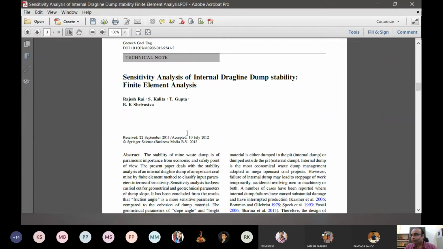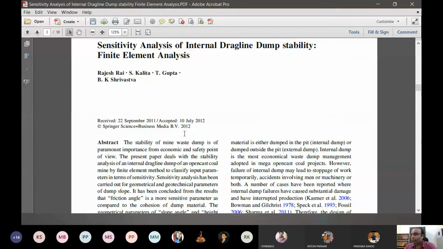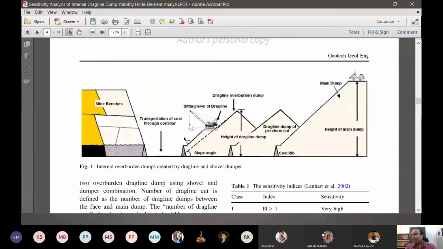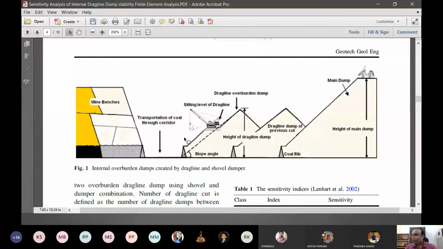So here what we did was, there was this kind of dumping going on in Giant Coalfields in Northern Coalfields Limited, NCL and CIL. When they do an open cast mine, this lower part you can see is the original coal seam, right?